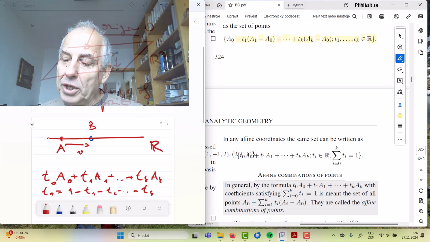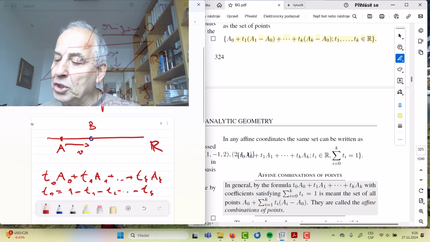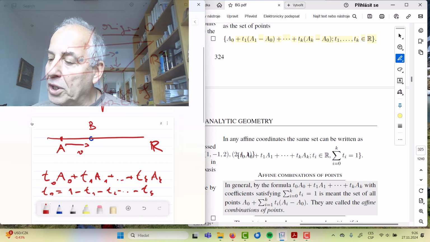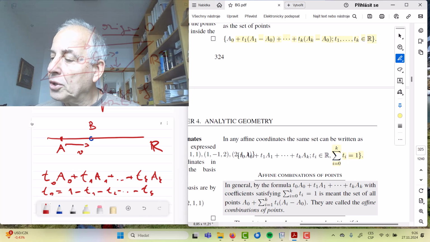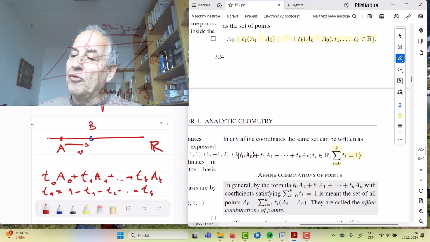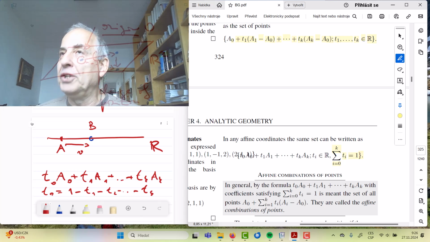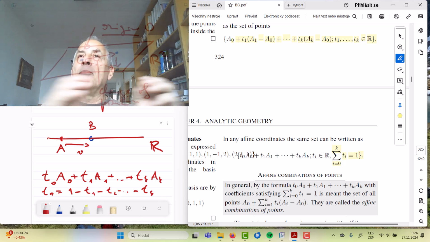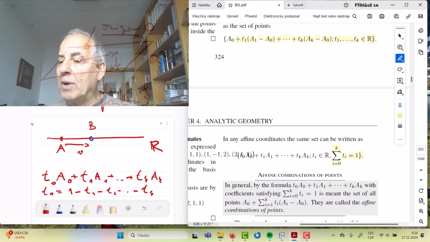And just taking into account what I wrote here, if you sum up all the t's, then of course those with positive indices will cancel each other. So you clearly get this. So an affine combination of points is a combination which is written in such a way that formally we write something like a linear combination, but of points, not of vectors. And the sum of the coefficients must be 1.